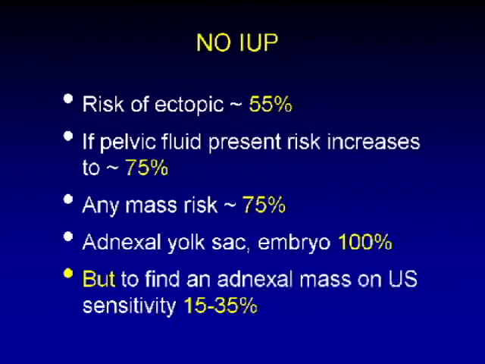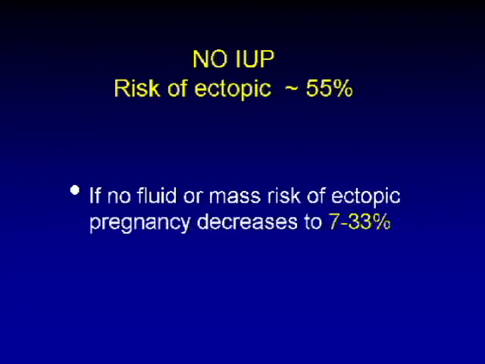But you have to remember that it's quite difficult to always see the ectopic pregnancy on imaging, and the sensitivity ranges all the way from 15 to 35%. As we said, if the risk of ectopic was 55%, given a mass or fluid, it increases. But if there is no fluid or mass, the risk of ectopic pregnancy actually decreases down to 7 to 33%.